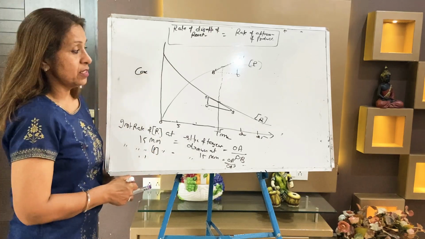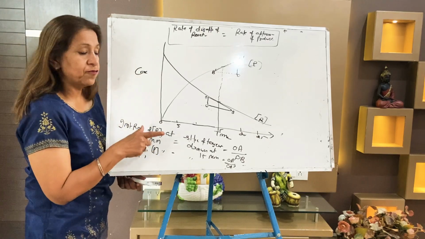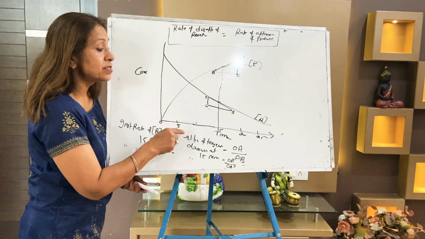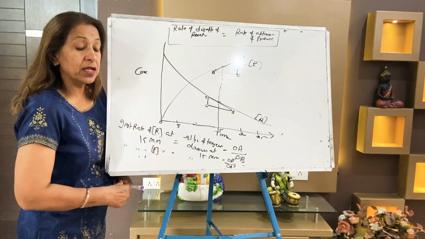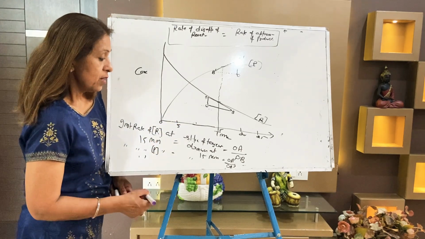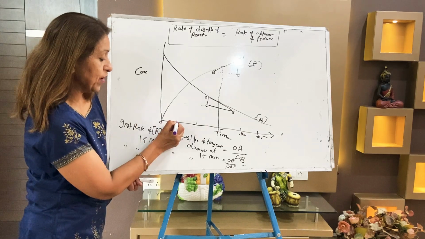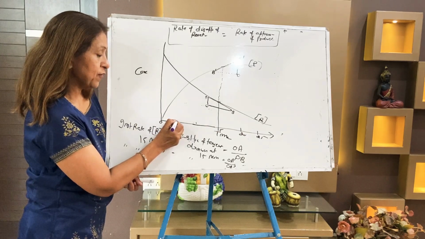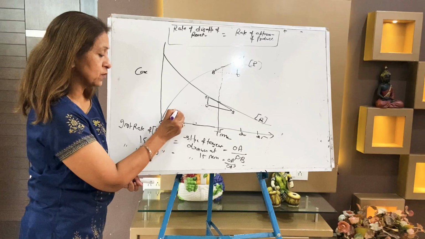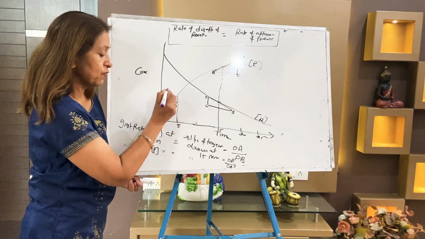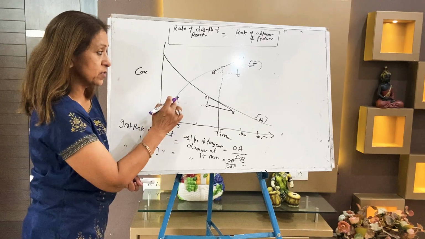So this is a graph to calculate the instantaneous rate. Now I'm taking average rate, same graph. Let it be your 5 minutes. Now at 5 minutes, dotted line, because first of all this curve is coming at 5 minutes. Product side, this is the product line.